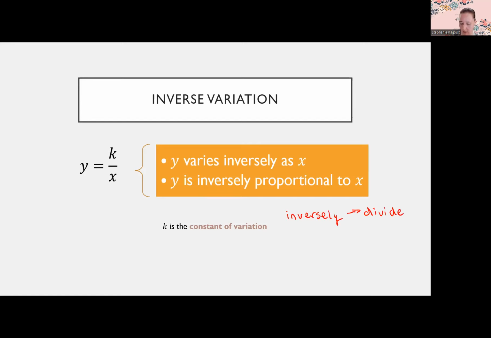And the k, that constant that we always have in here, is always going to be present, and it's always on top. So you're not going to divide by k. So it's just going to become the top of your fraction here. But when you see that word inversely, it's going to say, okay, I divide by what follows that.